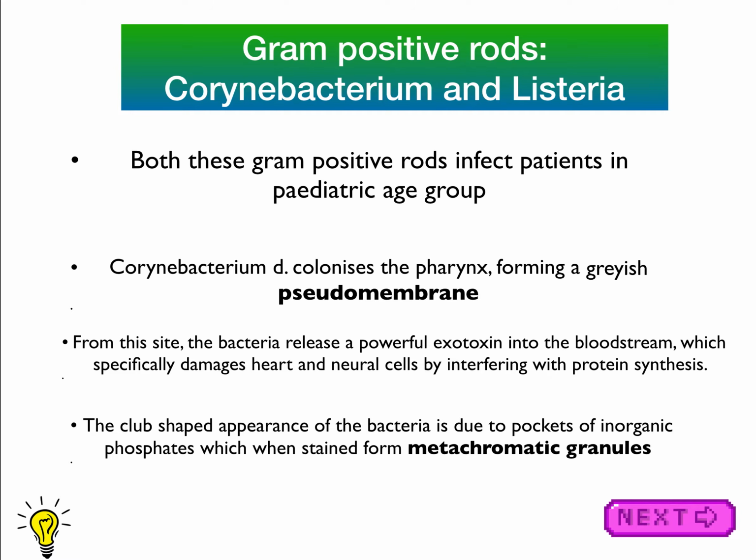So in the question stem, when you get asked about a gram-positive rod with metachromatic granules, it's going to be Corynebacterium diphtheria. If they had said a gram-negative rod, it would be Pseudomonas. Also, Corynebacterium is often grown on tellurite agar, and blue-red colors form.